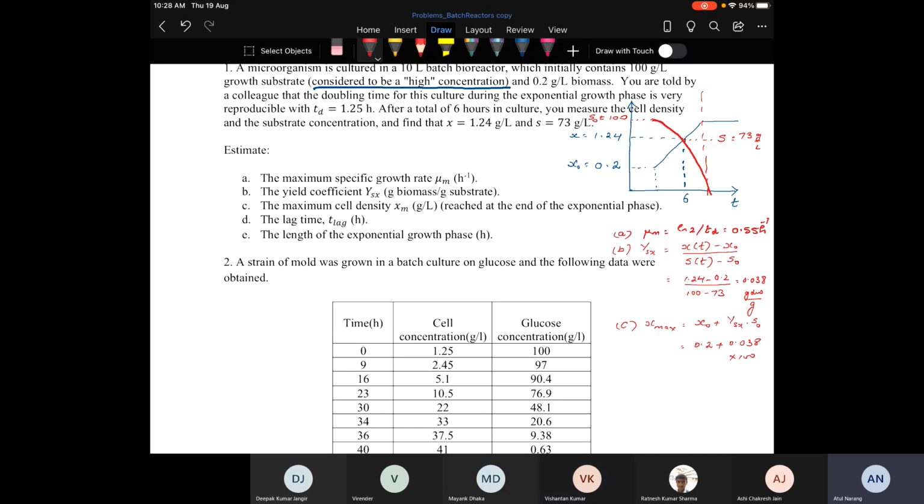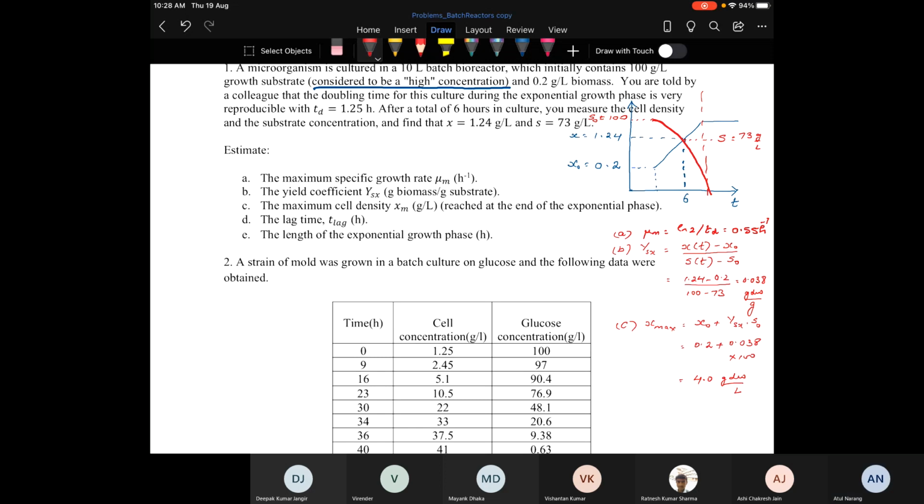This x max means that you started off with x0, and Y_{sx} multiplied by s0 is how much you made during the course of growth. Y_{sx} is defined as how much x you make per unit s. You had S0 at the beginning, so Y_{sx} times S0 is what you get when all the S0 has been converted to biomass. This is the new biomass created, and that should give you approximately 4.0 grams dry weight per liter.